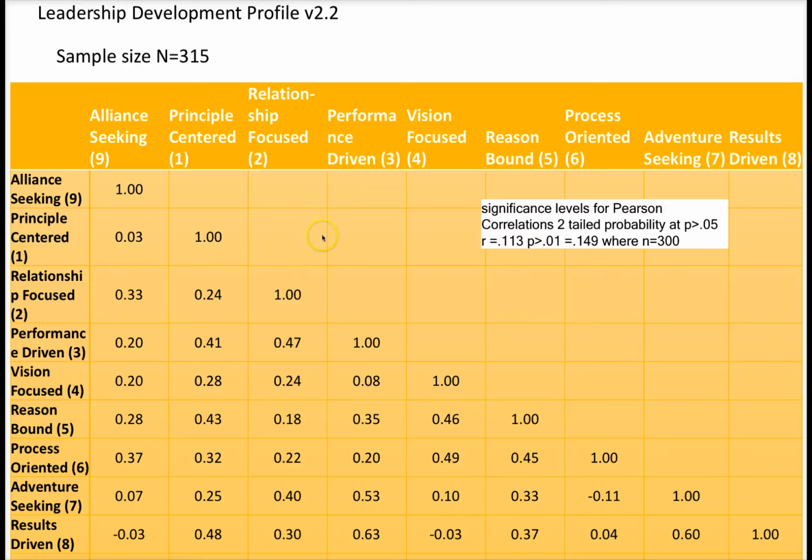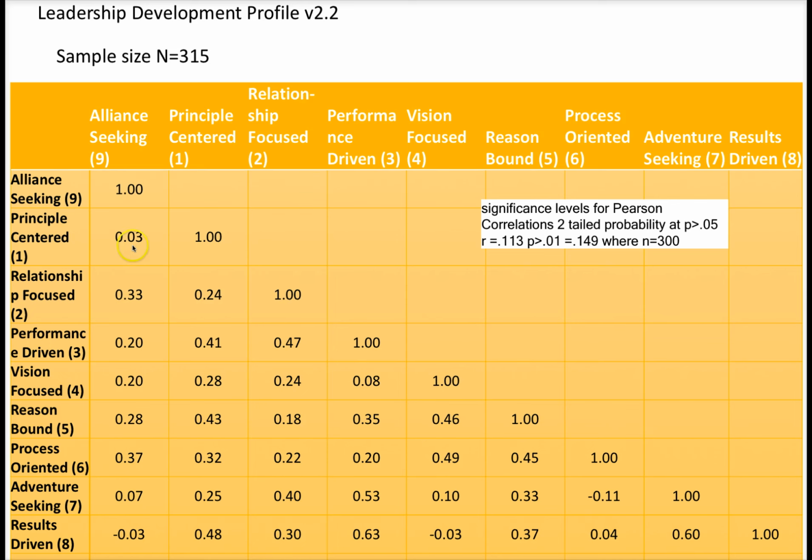If we were to take these 9 traits on the LDP and create a correlational layout here, so that we correlate each subscale of the LDP 2.2 against the other subscales, we see that when we compare each scale to itself, we get a 1.0, and that should be obvious.